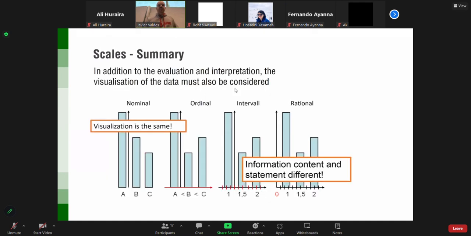So the thing about the scales is that you can plot them in similar ways, and they will probably look the same, but they will provide you with different kinds of information. We have a nominal variable, an ordinal variable, an interval, and a ratio.